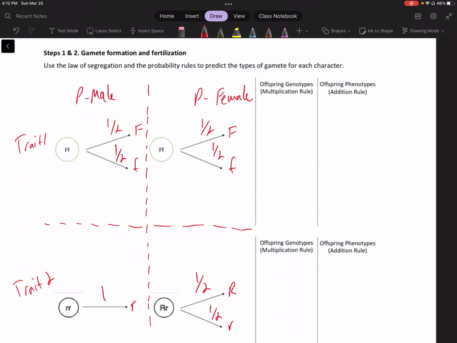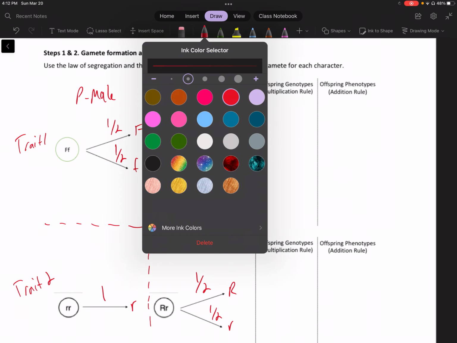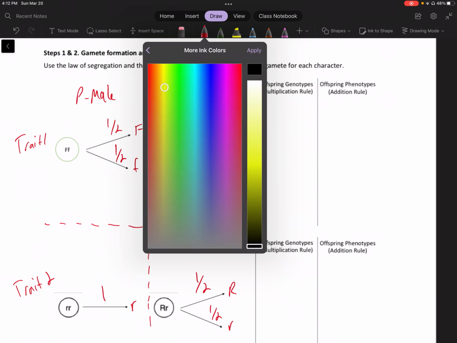And then this lowercase r, there's a 100% chance. So now we're going to multiply. I'm going to do this in 2 different colors so you can kind of see. Let's do green.